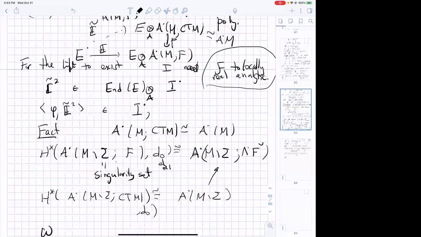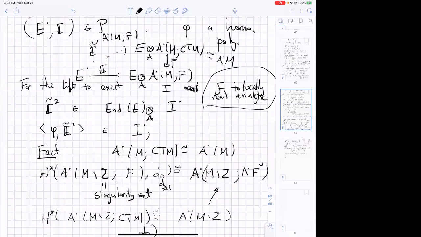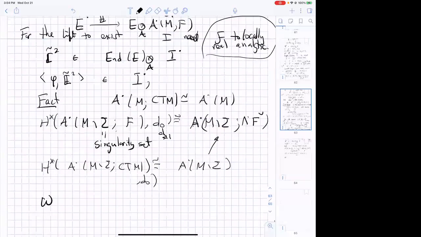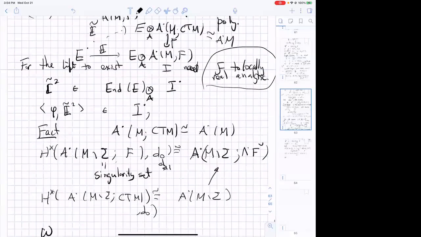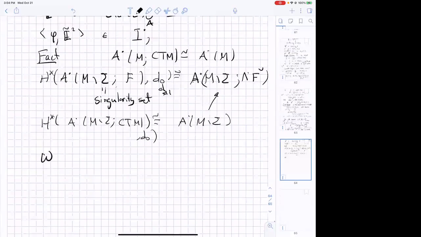So, right. So you take the curvature, and it ends up being in the endomorphisms of E tensor the ideal. And therefore, when you pair, you end up in the ideal. And now the point here is, and I should point out that when you take the lifting, maybe I should write it this way. The point is that when you take the lifting and then you project back down to E tensor A dot of M comma F, I should write this down.